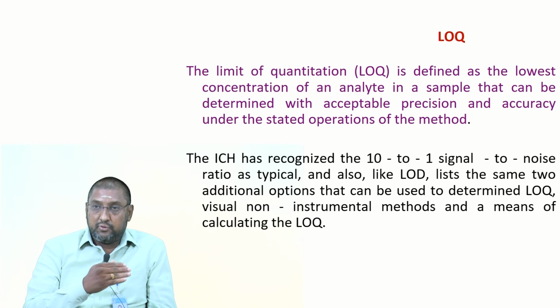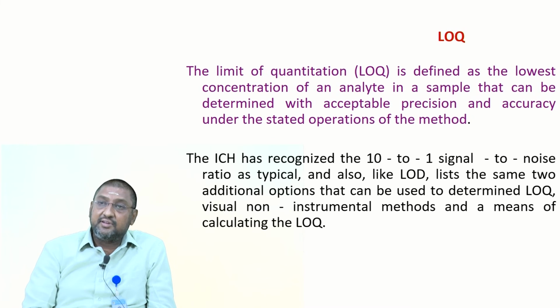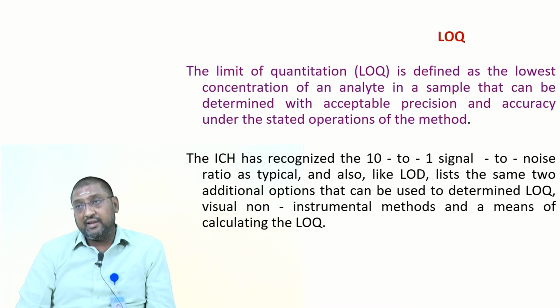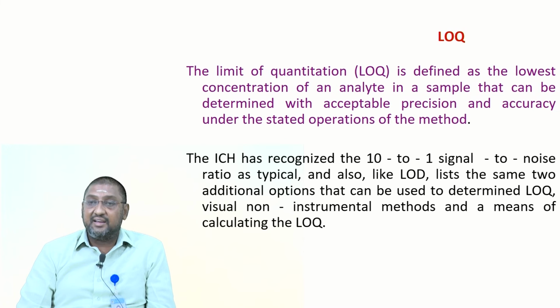If you reduce the concentration, it will not show the area, that is LOD. If you increase the concentration, it shows the peak as well as the area, that is called LOQ, which is quantification. I can quantify the amount of drug present in the given sample. The signal to noise ratio limit is 10:1.